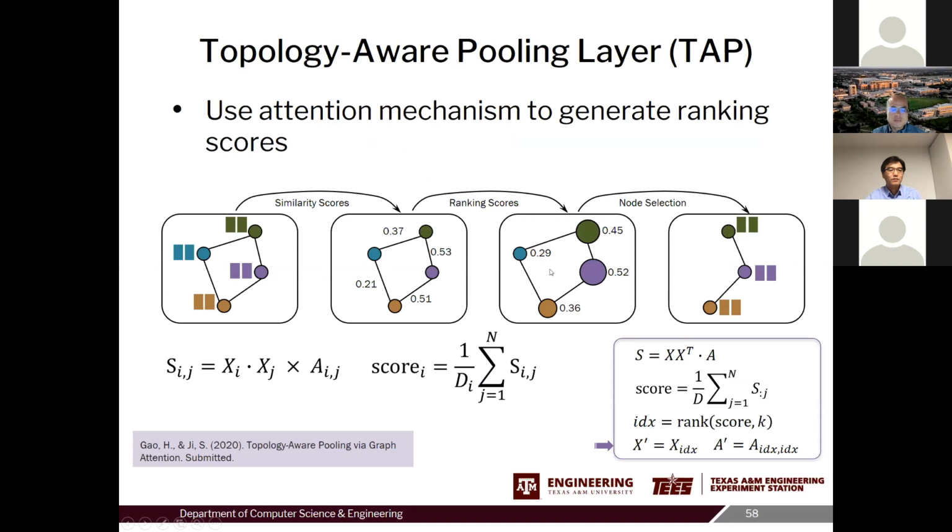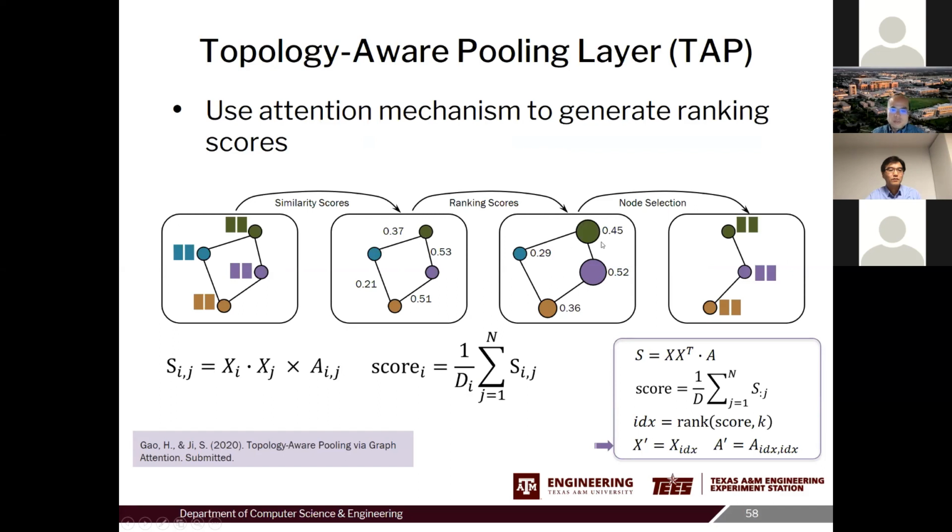Here is an example. We have an input graph, and we first compute the attention score, basically the similarity score between each pair of connected nodes. These numbers represent the attention scores between pairs of nodes. Then the score of each node is the average of the scores of all its neighbors.